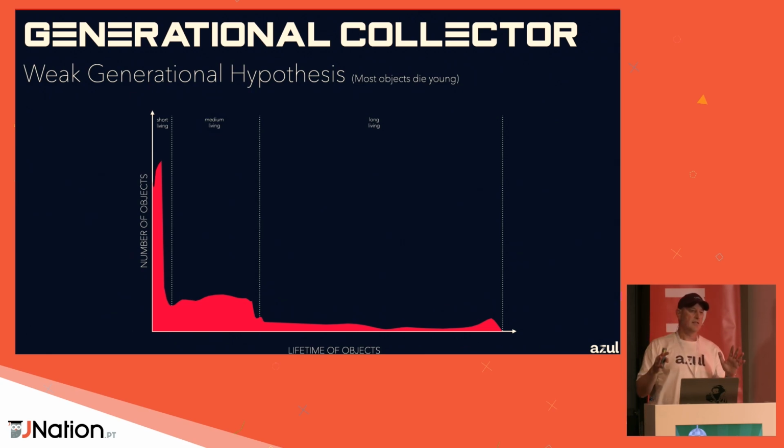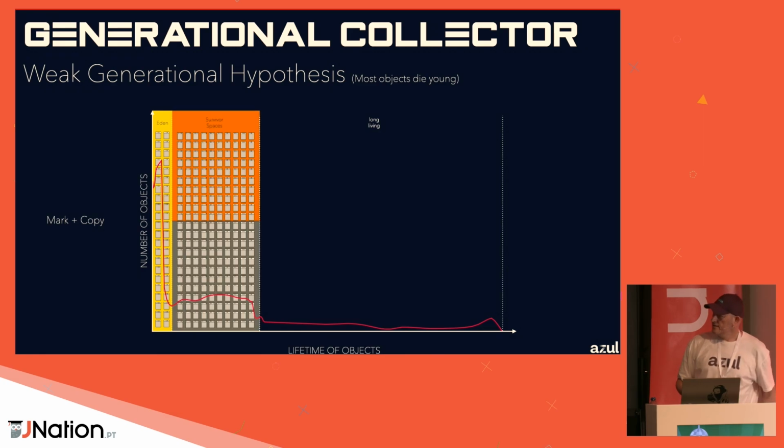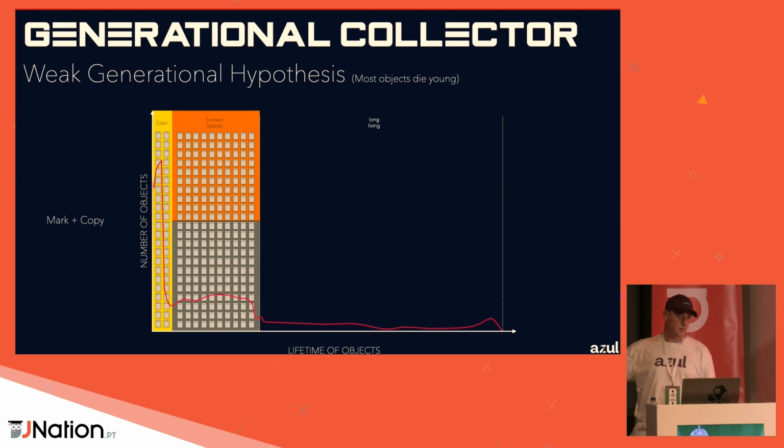If we now tailor the whole memory management to this behavior, it could look like this. For the short-living objects, we create the so-called Eden space, right? It's a small space because most of the objects die young, doesn't have to be big. And then for the medium living objects, we use a copy collector. That's the so-called survivor spaces.